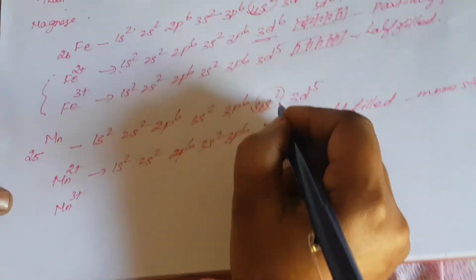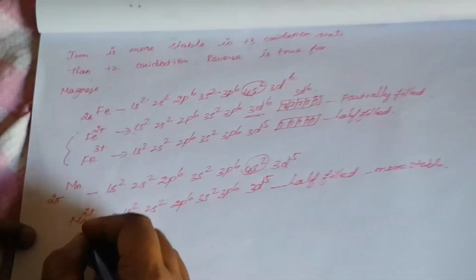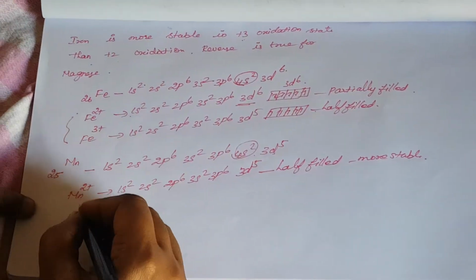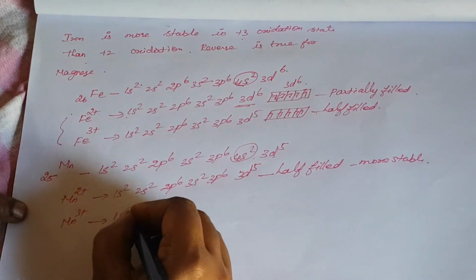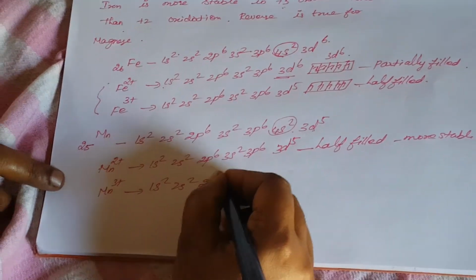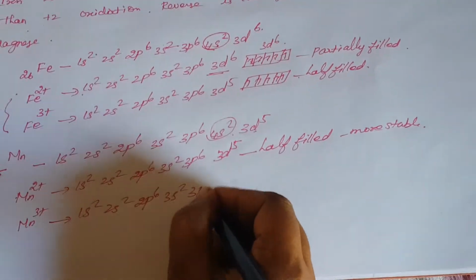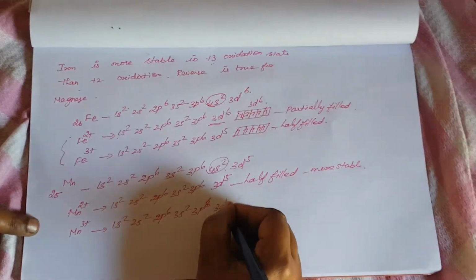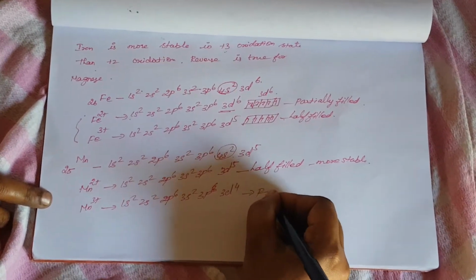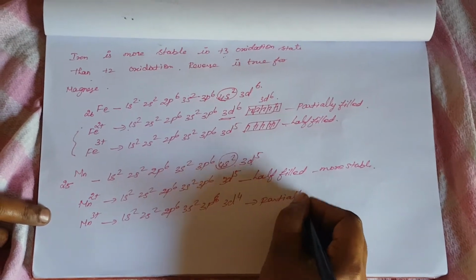Another one, Mn3+. One more electron is removed from the 3d orbital: 1s2, 2s2, 2p6, 3s2, 3p6, 3d4.